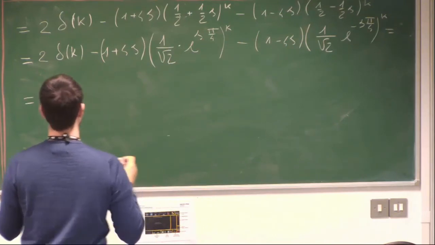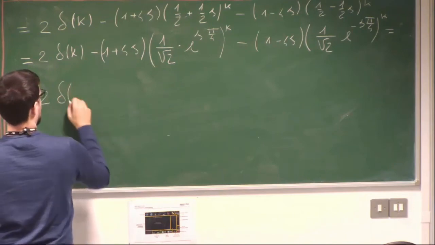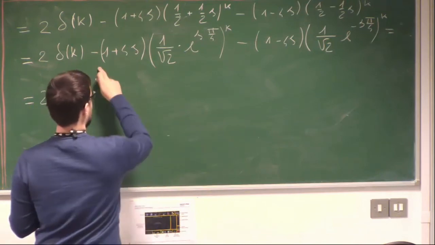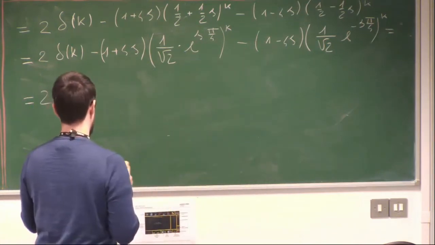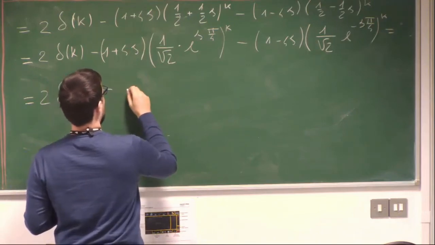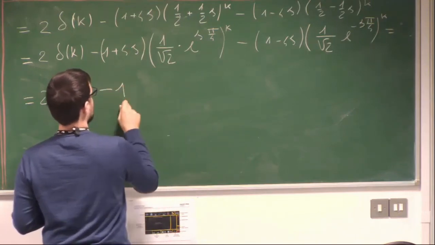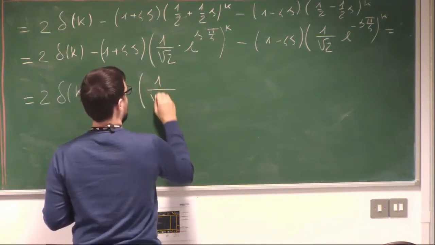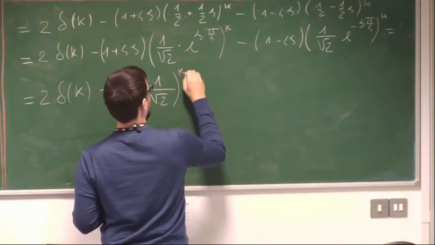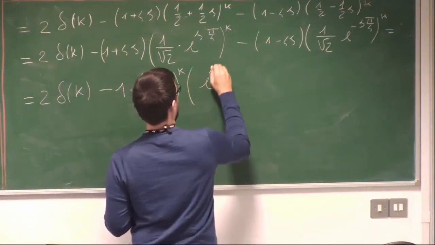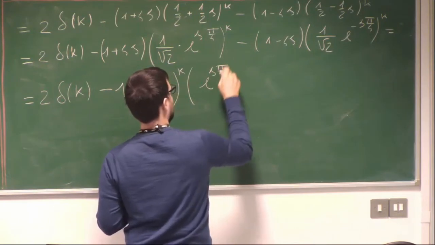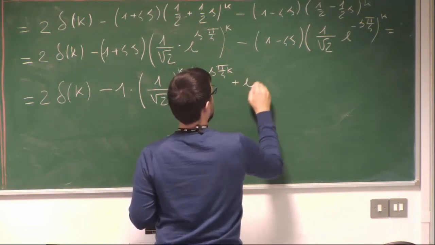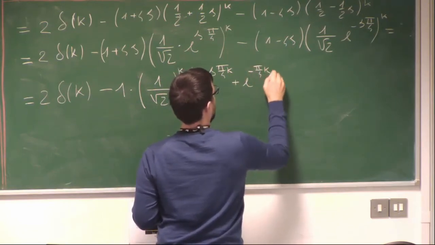So as usual, we leave this as it is here. And now we see that we have minus 1 and minus 1 over here, so we factorize minus 1 that multiplies what is inside. The 1 over square root of 2 appears in both cases, to the power k. And then here we have e to the power j pi over 4 k plus e to the power minus j pi over 4 k.